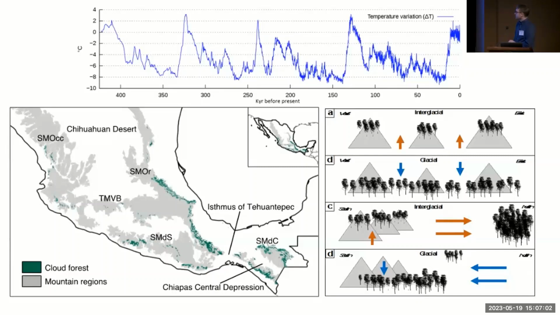If you think about how climate is going to impact plant distributions, during interglacial phases such as now, you're going to have temperate plants at higher elevations. But during glacial phases, those plants will go down. Similarly, if you're thinking about Mesoamerica and Eastern North America, glacial phases will push plants southward, and interglacial phases will push them northward.